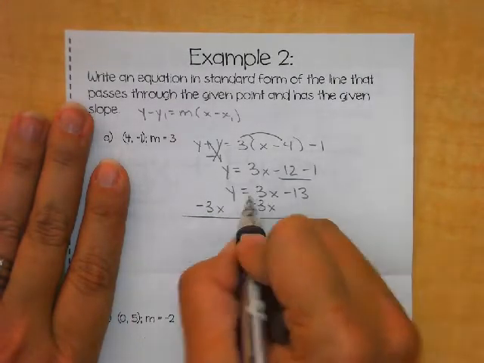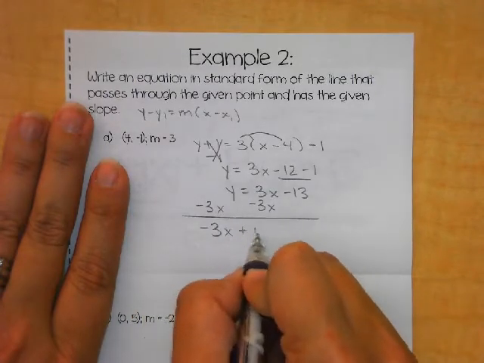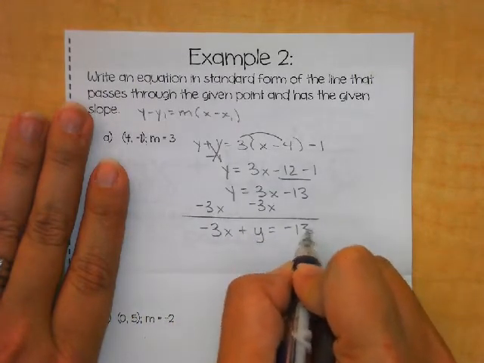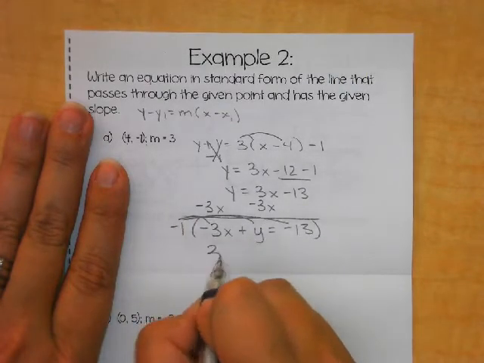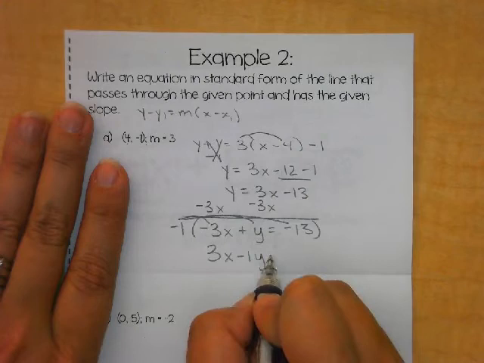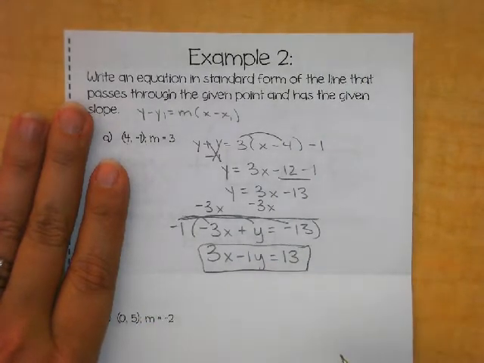Right? This was our slope intercept. We're going to move the x. It's negative. We don't want it to be negative. So again, we're going to distribute a -1. 3x minus 1y equals 13.